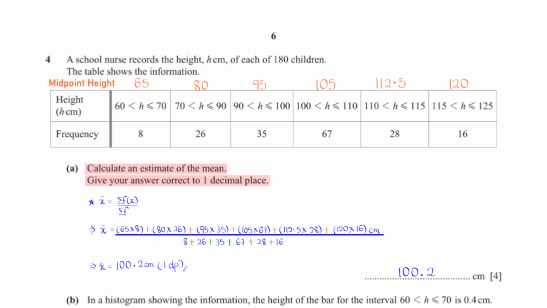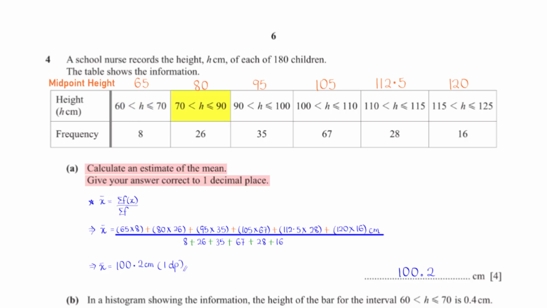Before getting sigma f x, we need to get the midpoint height for each of the given height intervals. So for the first interval, the midpoint height is 60 plus 70 centimeters divided by 2, which is 65 centimeters.